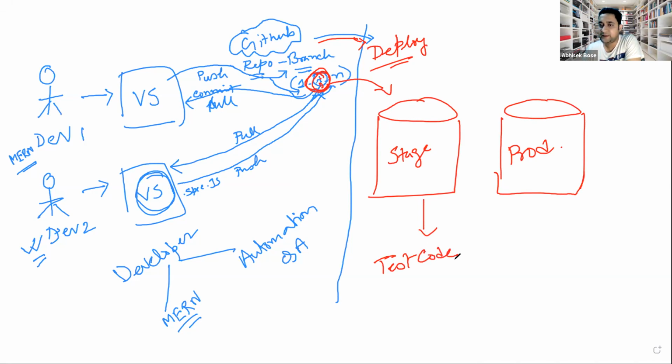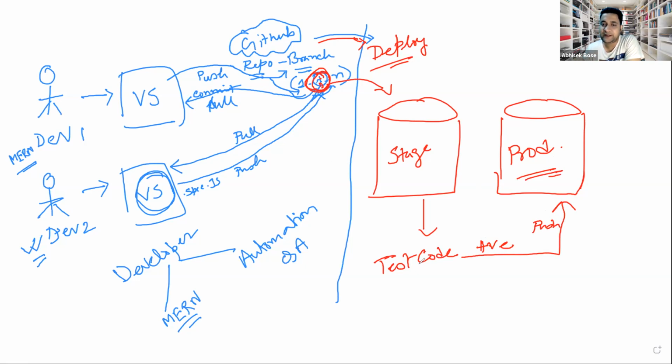Once this test is positive, just think positive means successful, then someone can push this code to the production server, correct?